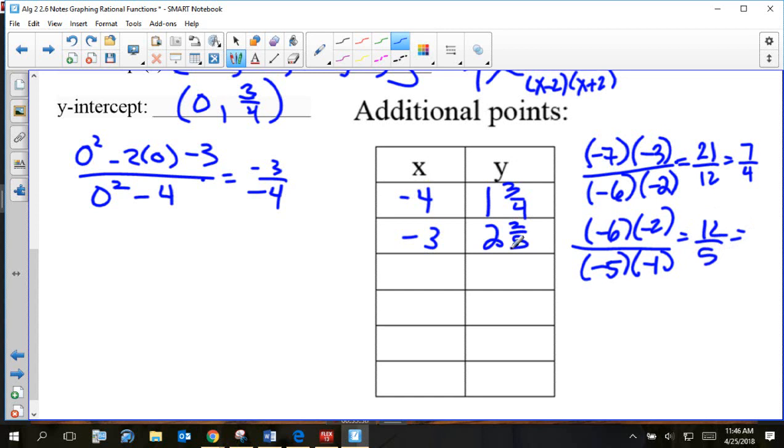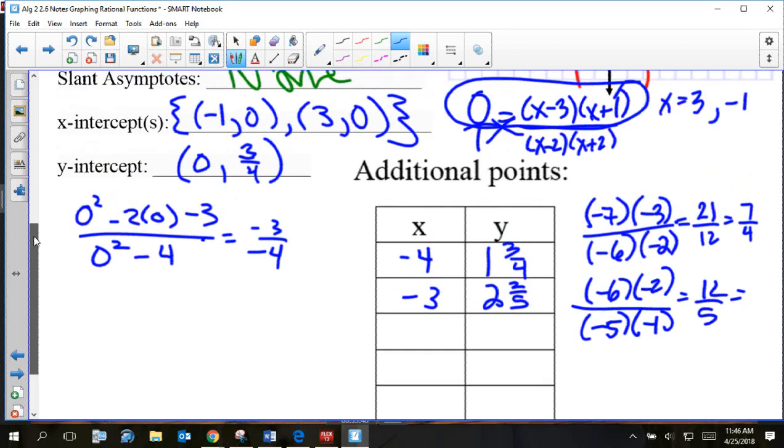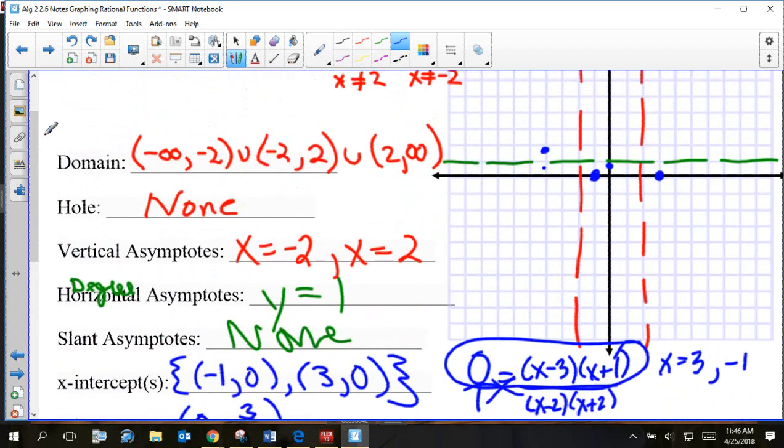I get 2 2/5. Can you kind of tell what's happening? Yes or no?